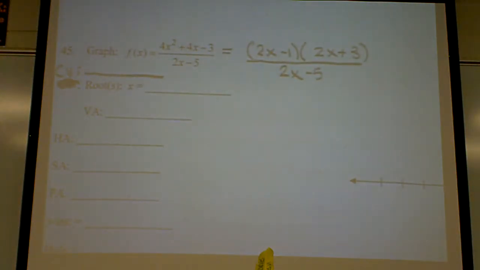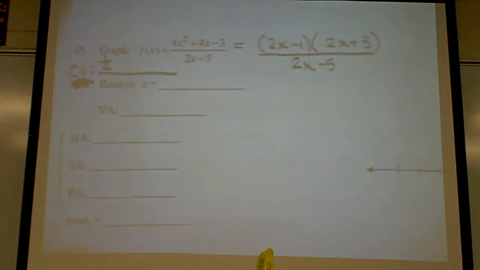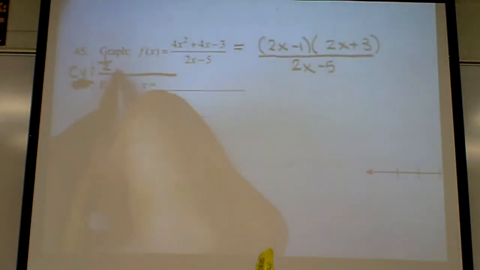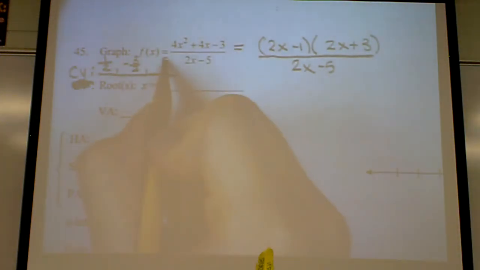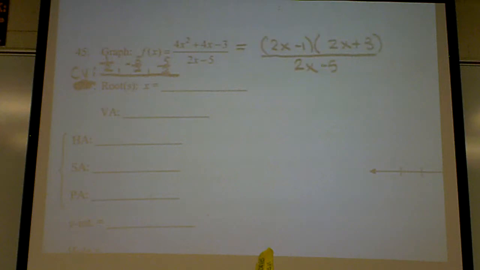And what will my critical values be? We have 1/2, -3/2, and 5/2. Does everyone see how I got those critical values?